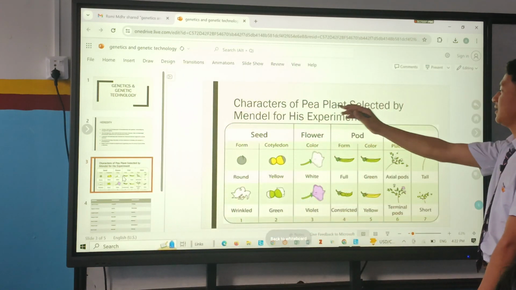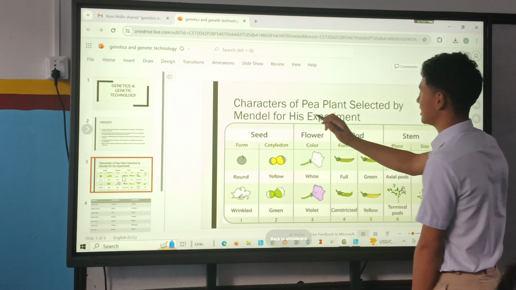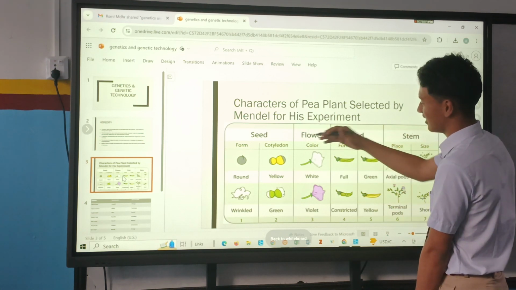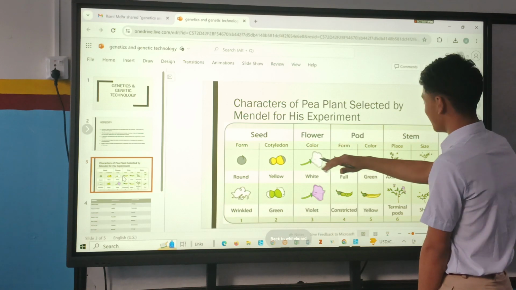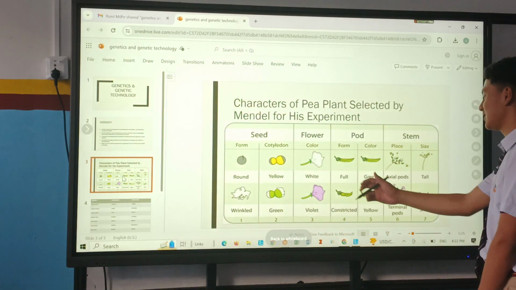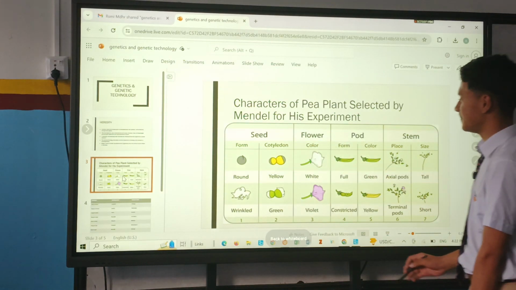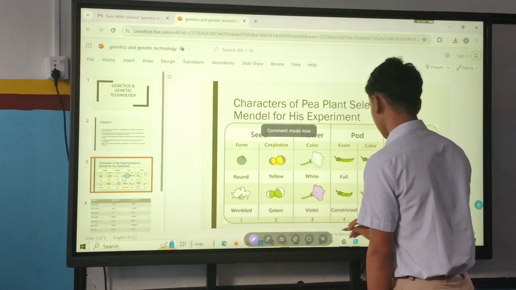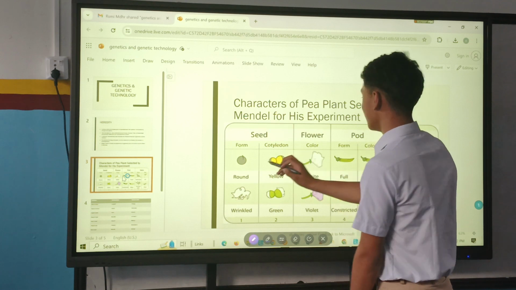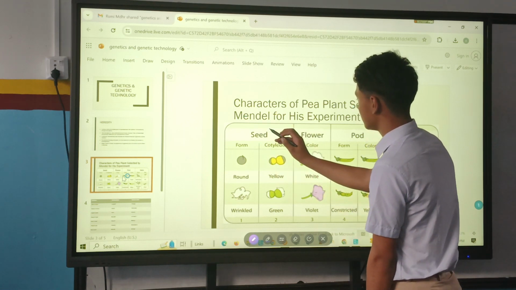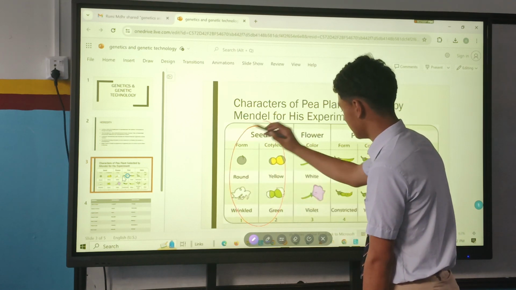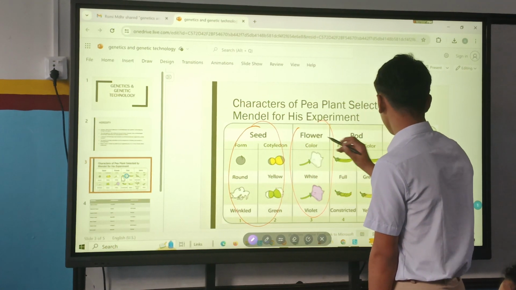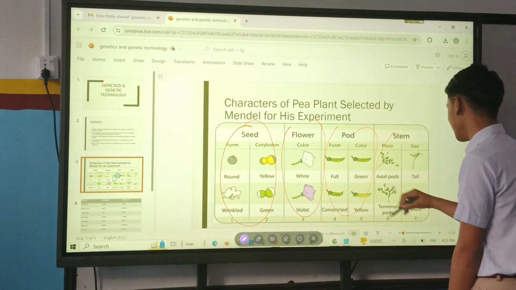The characteristics of pea plants selected by Mendel for his experiment are all shown in this figure. Here are the seed, the flower, pod, and stem.